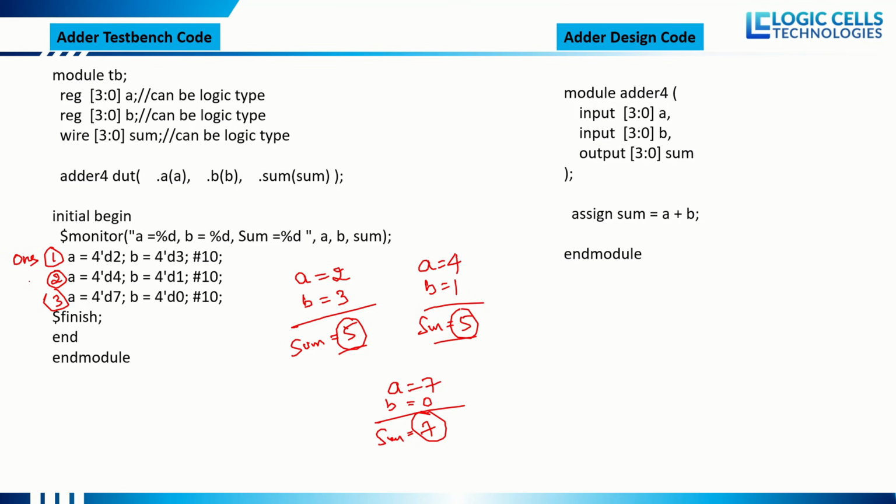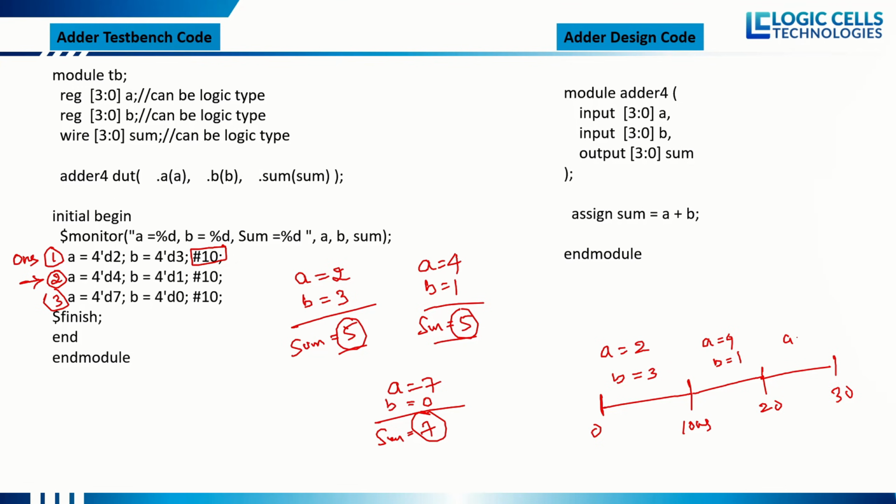Then I need to provide some delay before the simulator takes the next value, right? That's why I have added #10 here. This is the delay. So A is equal to 2 and B is equal to 3 will go from 0 nanoseconds to 10 nanoseconds. Those are the values. Then 10 nanoseconds to 20 nanoseconds, the next set of values, A is equal to 4 and B is equal to 1 I am providing. Then from 20 to 30, A is equal to 7 and B is equal to 0 I am providing.